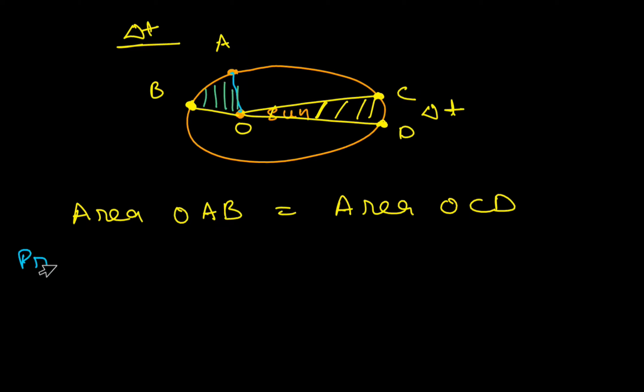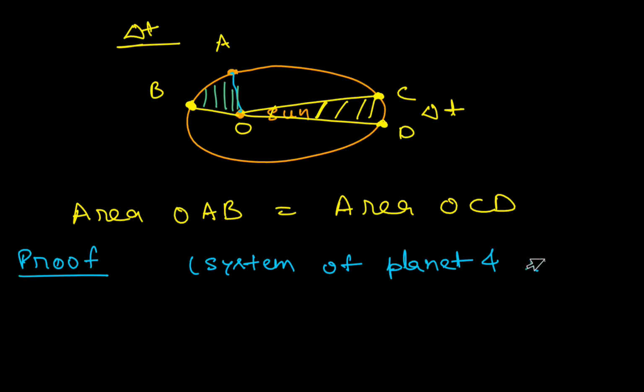Now the proof of this law. Consider the system of planet and Sun. In this system no external torque or no external force is acting.